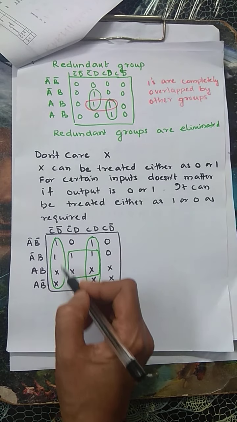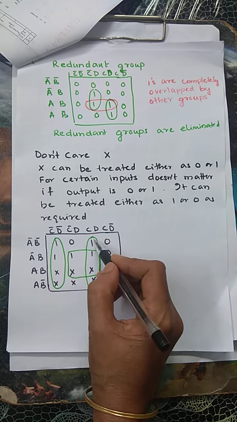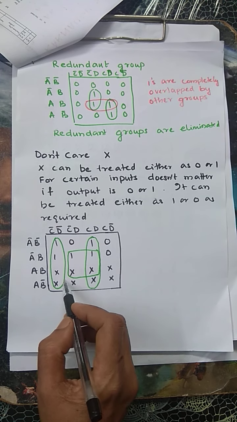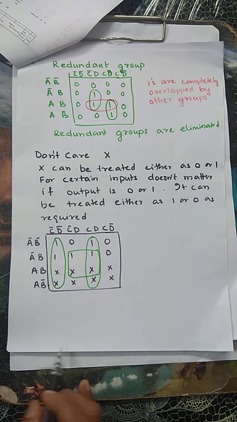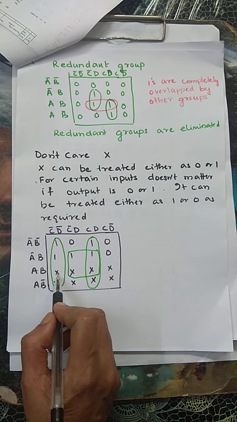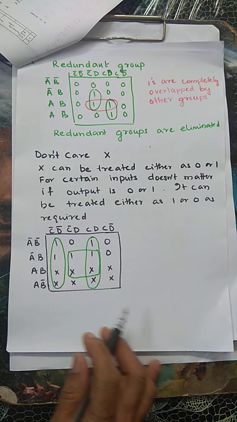So here I have grouped the don't cares with 1. This forms a quad, this forms another quad, and this forms another quad. So in Karnaugh map simplification, you can use the don't care situations also to reduce the map. Whether its output is 1 or 0, it will not affect our final output Y. That is the don't care situation.